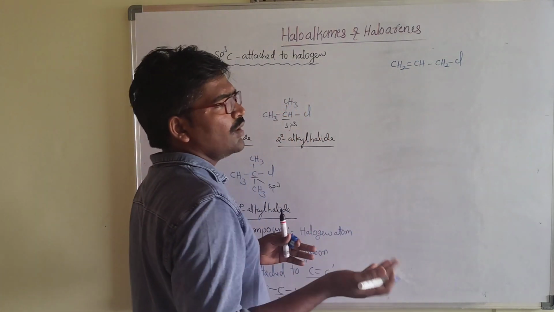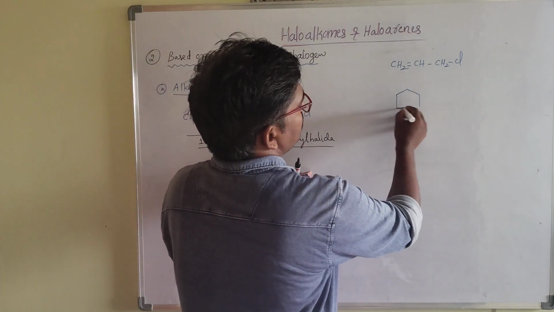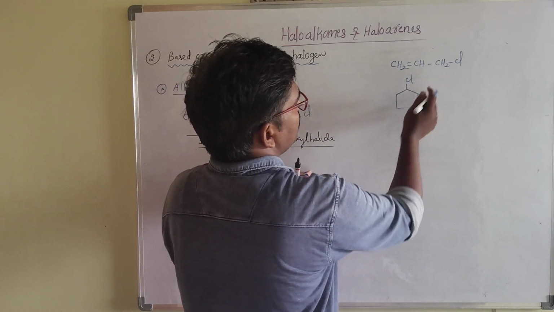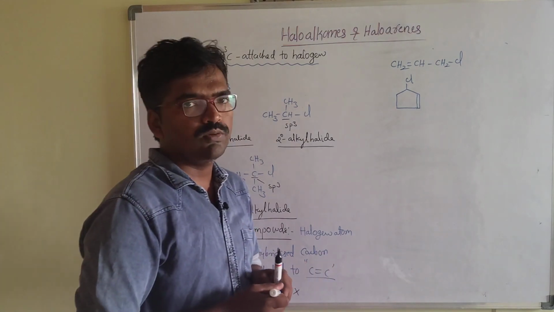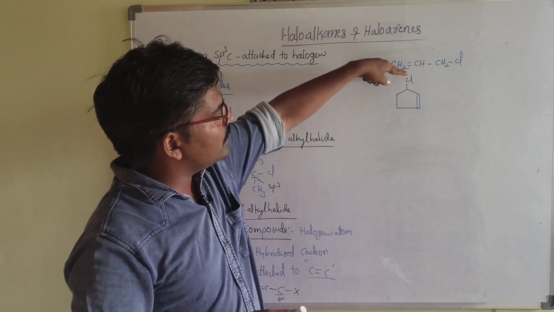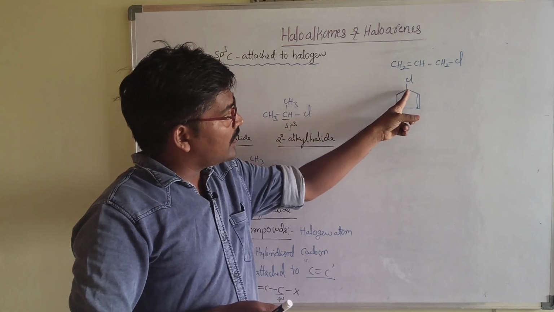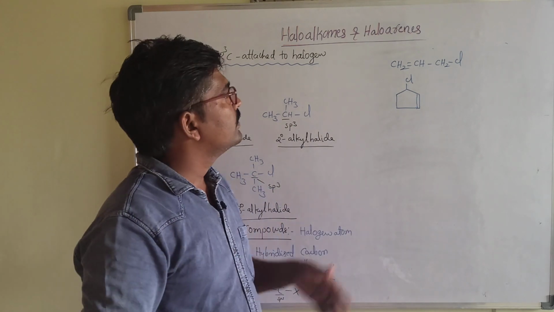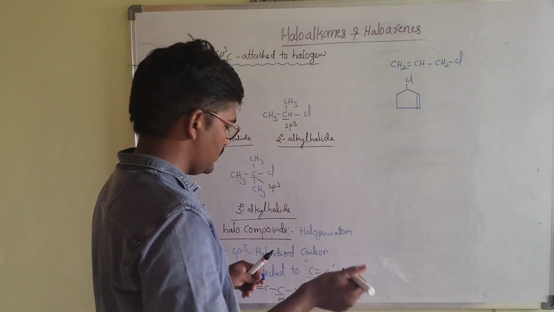This is also an allylic halo compound. If you take this compound, here the halogen atom is there. Even this is also an allylic halo compound. So how can you say it is allylic? The halogen atom is attached to an sp3 hybridized carbon, and that sp3 carbon is directly attached to the carbon-carbon double bond. That's it. That is an allylic halo compound. Clear, all of you? Right.